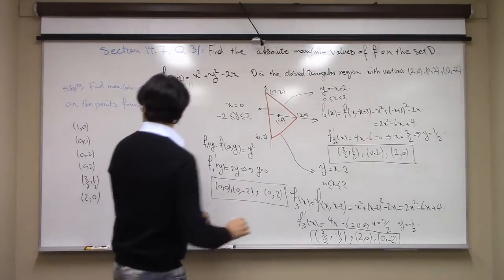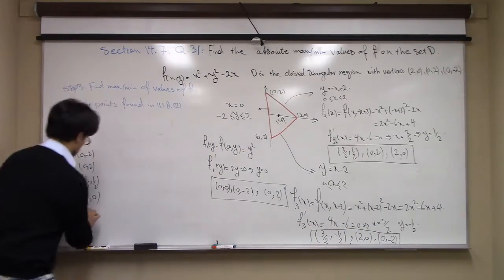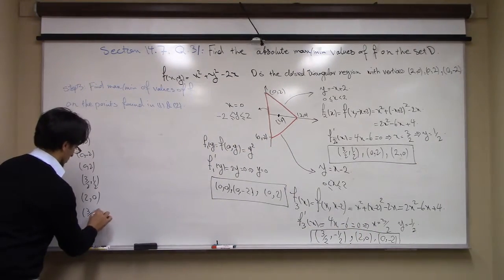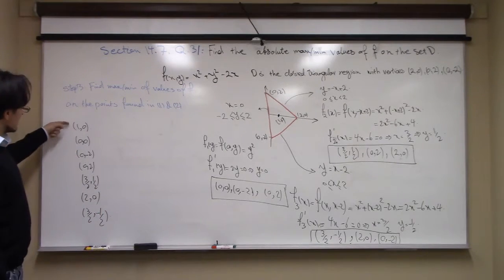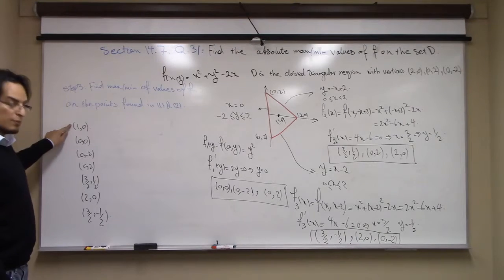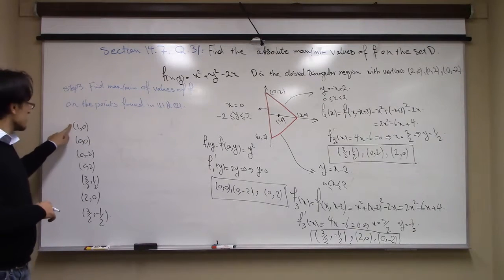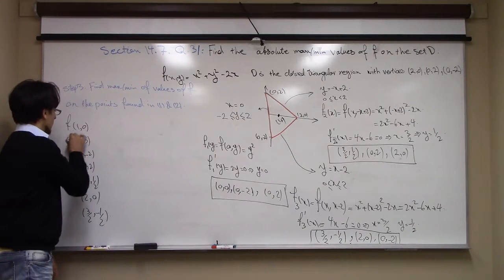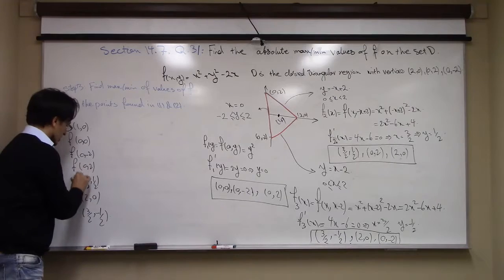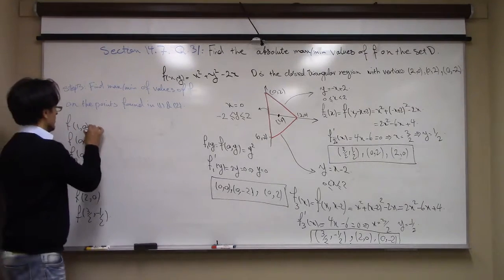I already have this point, I have this point, the last point is (3 over 2, negative half). Now I have a list of all the points at which the absolute max or absolute min can happen. So 1, 2, 3, 4, 5, 6, 7. Find the value of the function on all these points.